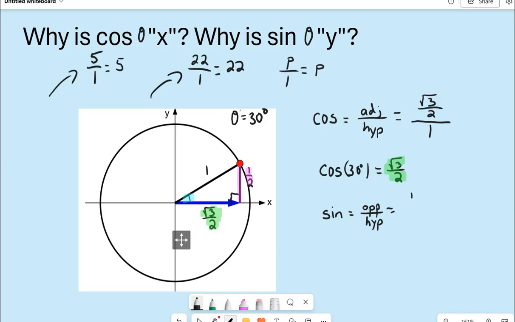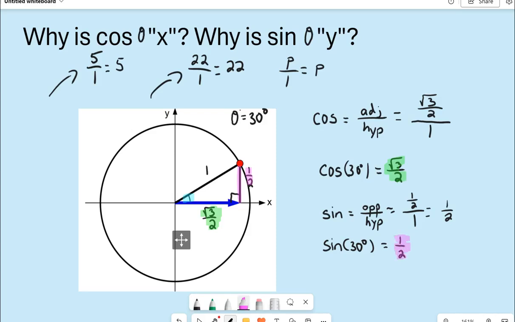Opposite is 1/2, and the hypotenuse again is 1. And guess what 1/2 divided by 1 is? It's 1/2. So sine of 30 degrees is just 1/2. Once again, sine is the y value, and it's just 1/2 here. So it completely checks out.